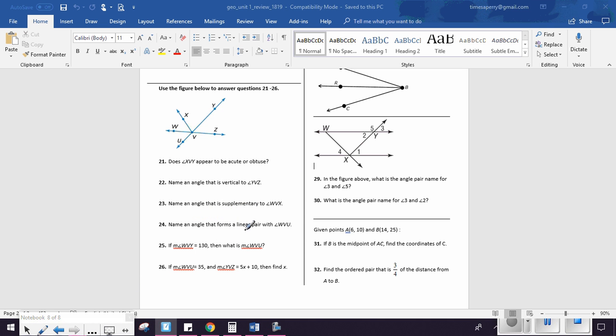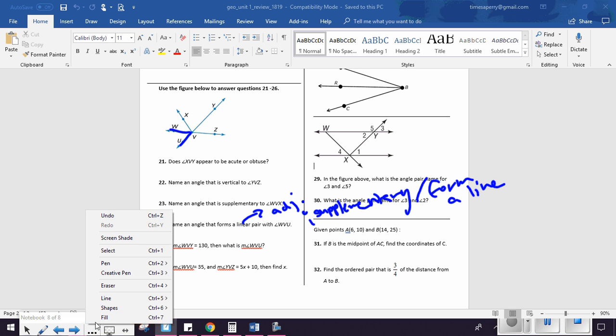24 wants us to name an angle that forms a linear pair with angle WVU. A linear pair has two criteria. First, they have to be adjacent, and they have to be supplementary, or form a line. Let's look at WVU, which is here.